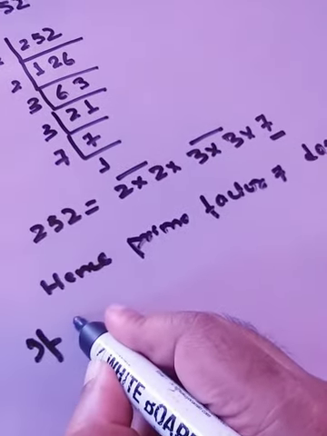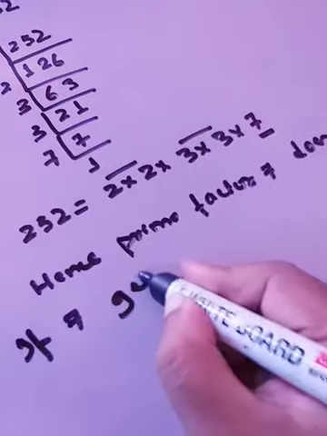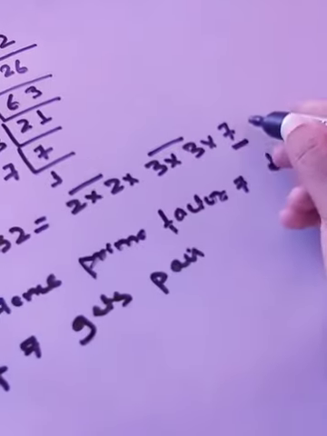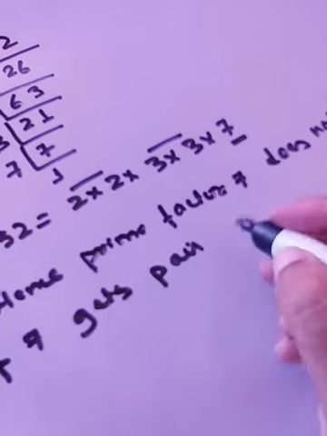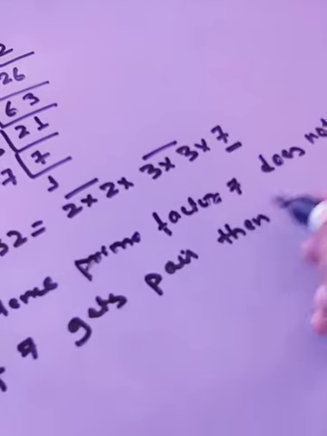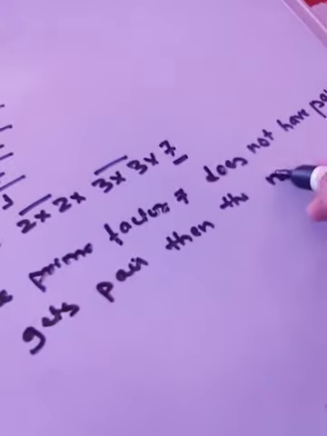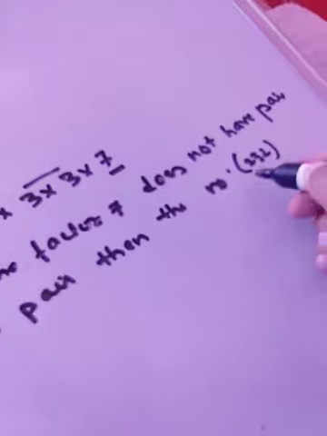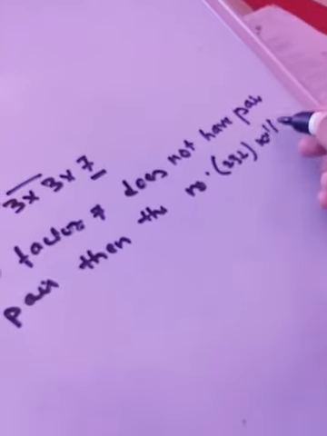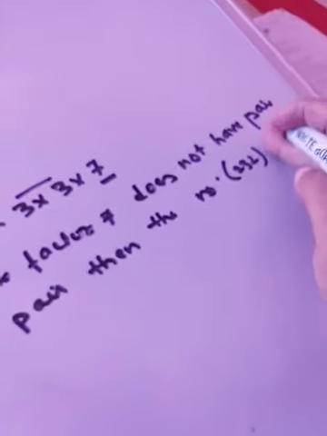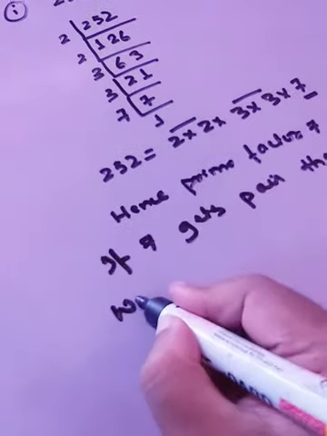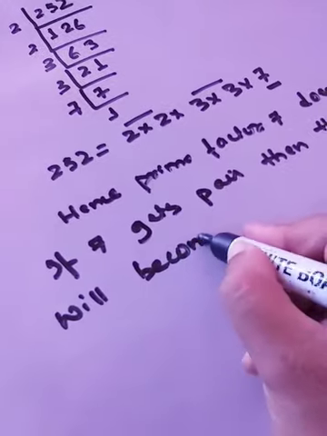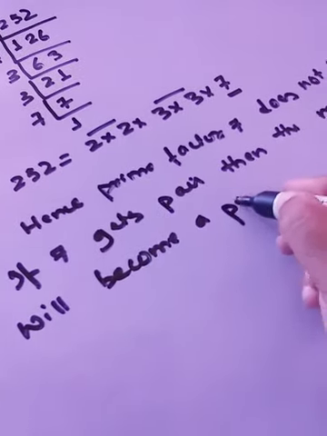If 7 gets another 7 as a pair, then the number 252 will become a perfect square.